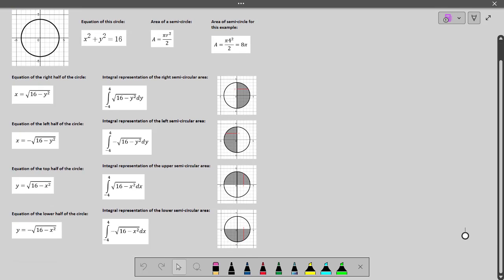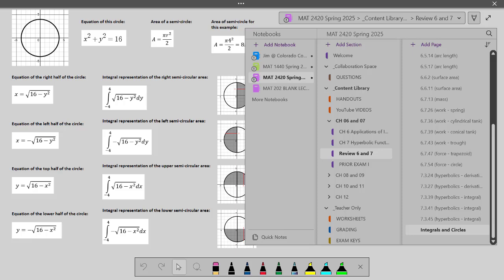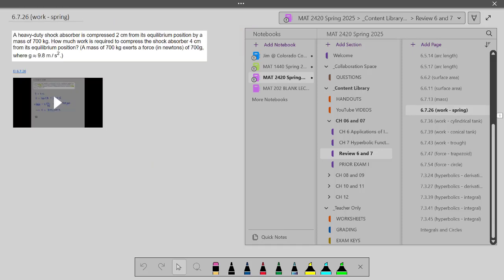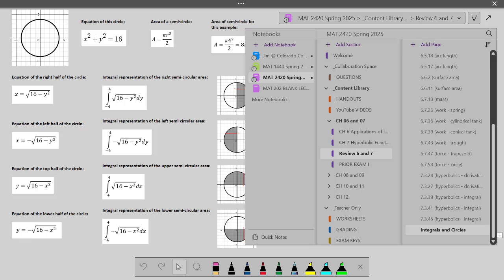So I chose a circle of radius 4 and went through all 4 possibilities to reinforce it. All of these represent semicircular areas. The area of this circle of radius 4 would be pi r squared, and for the semicircle we divide by 2. Under that review section, you will find all of the videos, plus this extra review on how the geometry of a semicircle and its integral are connected.